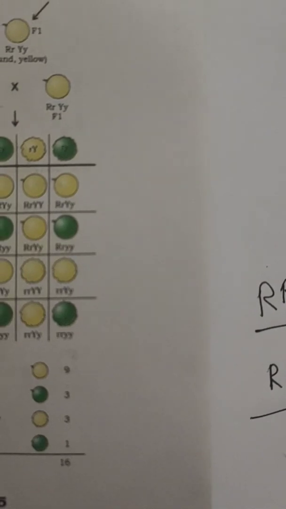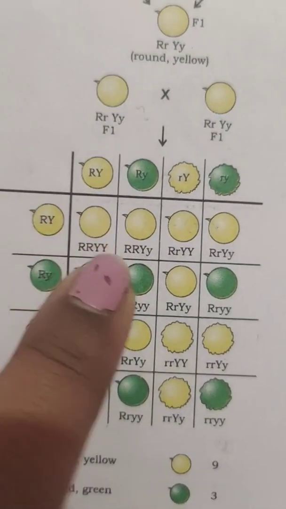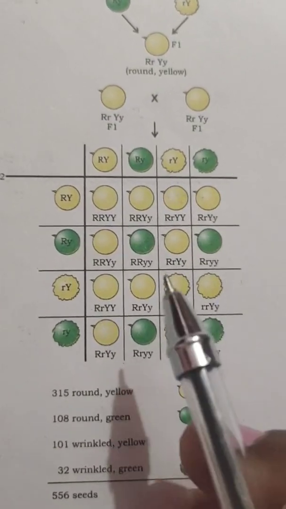So when this and this will be linked, this will be yellow, and when this capital R and small y will be linked, so it's capital R two times and capital Y and small y again. Small y is a yellow color, but this is the dominant, so when it is present, it will be yellow color.